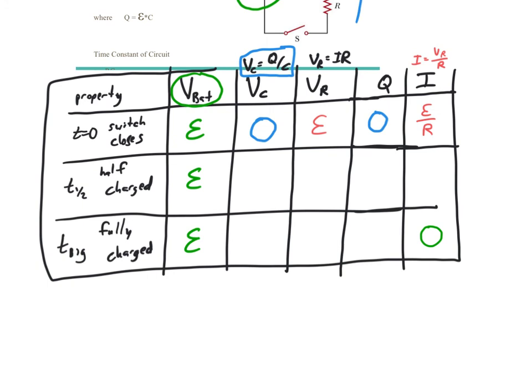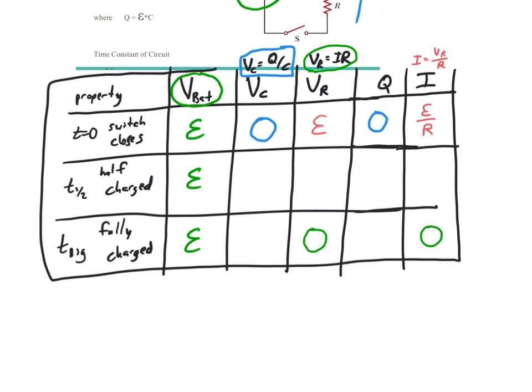I can use that information for my resistor. If there's no current, there's no voltage across the resistor. Boom. Which leaves us with only one other thing that voltage can be across. That's the capacitor.